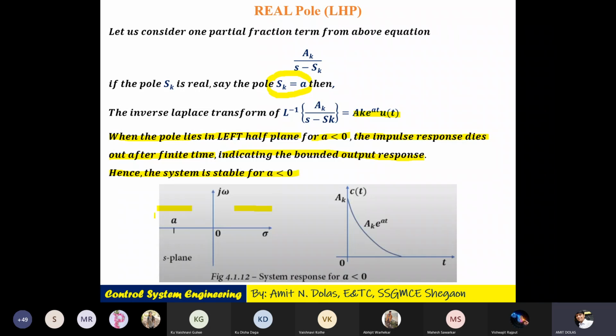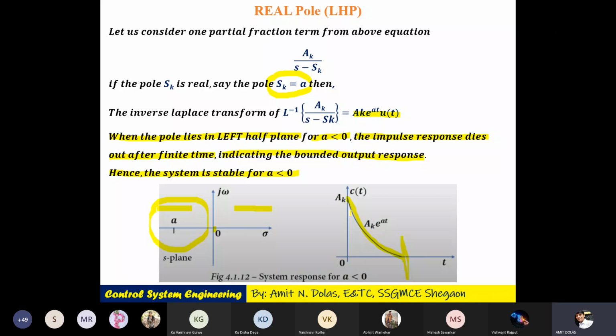Here we have a as some negative value, minus 2, minus 4, whatever. And if you compute the c of t response, it starts from ak, goes on decreasing exponentially and dies out at a certain point. So you can see this area can be easily found.